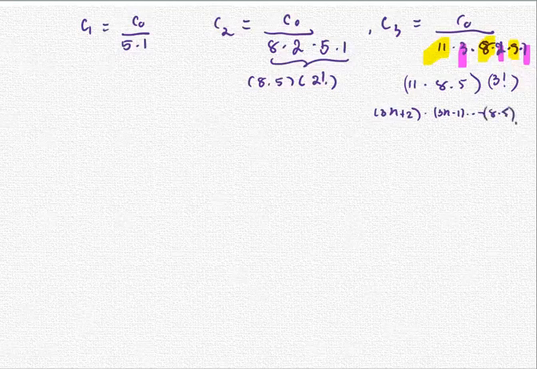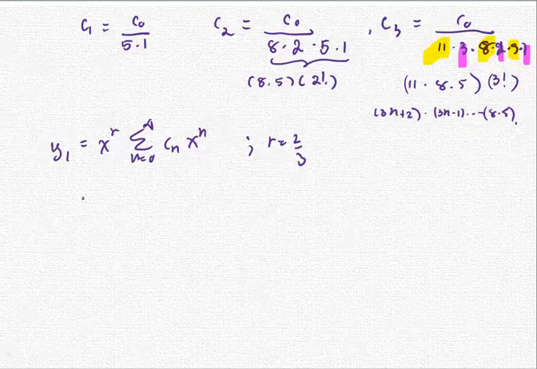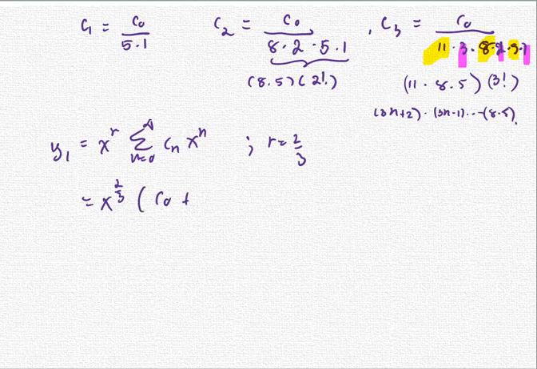Something like that. So then with this, we have the first solution y1 as x to the power r multiplied by the summation of c_n x to the power n, n from 0 to infinity. And since r equals 2/3, we get x to the power 2/3 multiplied by c0 plus c1 x plus c2 x squared plus c3 x cubed and so forth.